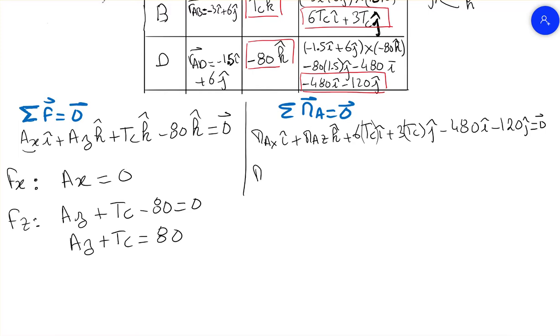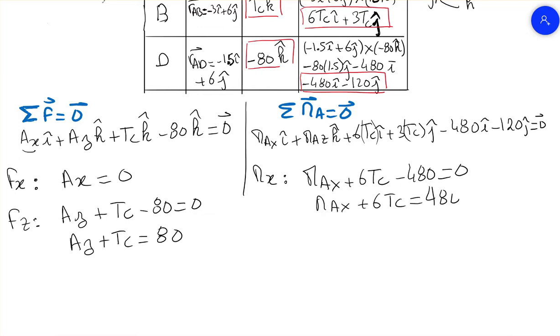On the moment on x, we have MAX, the couple reaction at the bearing A, plus 6TC minus 480 equal to 0. So we can write MAX plus 6TC is equal to 480.